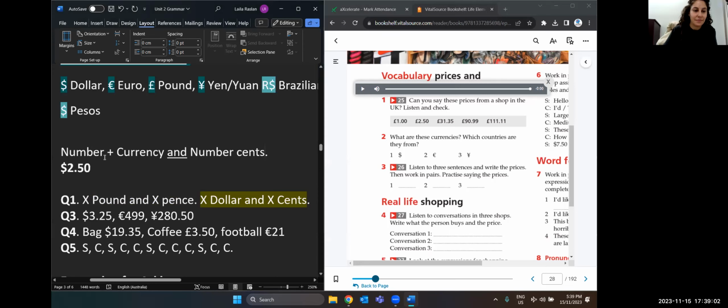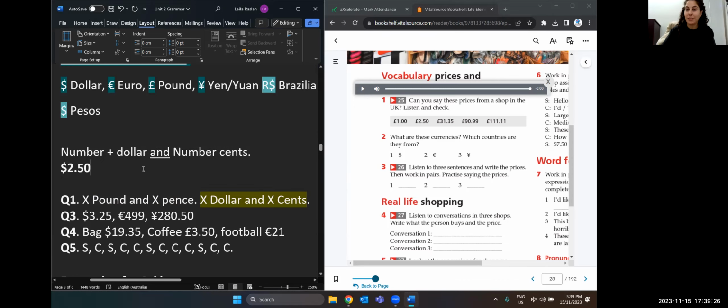So you've got the first number, $2. The dot, you have to say and, and then this one you have to say the number. So it's 50 cents. So currency, I'm going to write dollar now here.